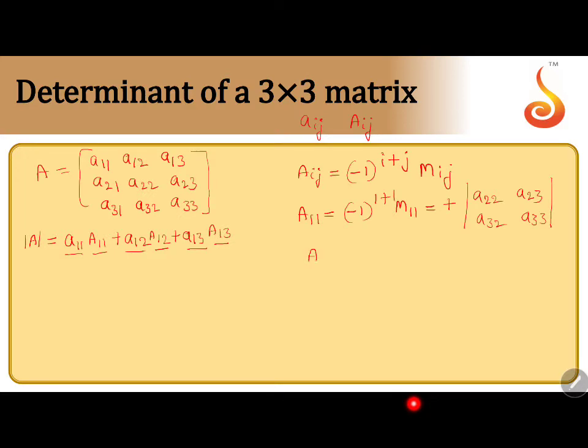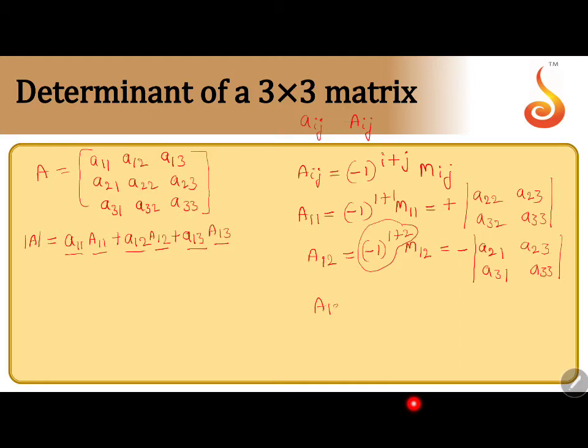Next A12, that is minus 1 whole power 1 plus 2 into M12. Minus 1 power 3, so we get minus sign. M12, eliminate first row and second column. Then remaining elements A21, A23, A31, A33.